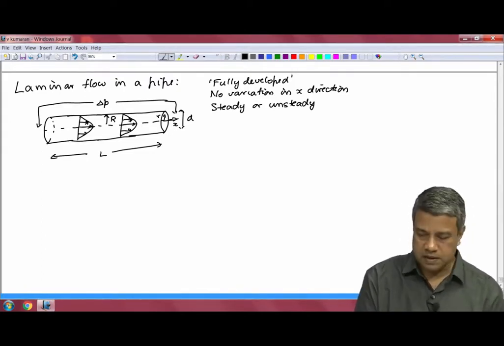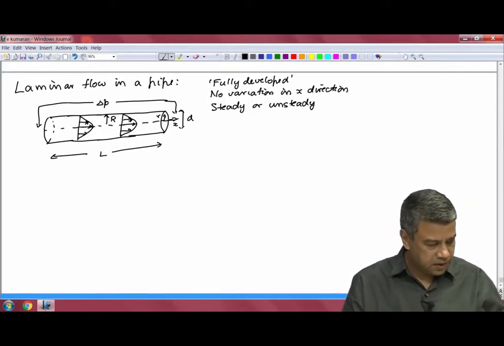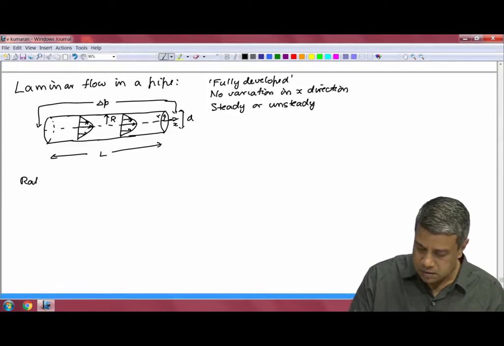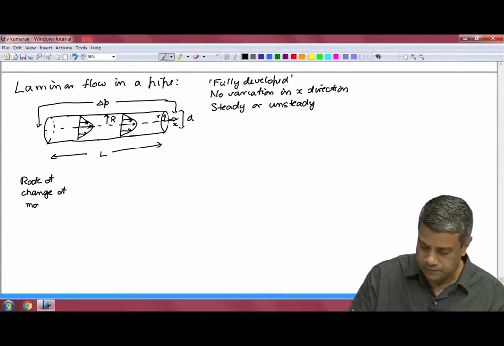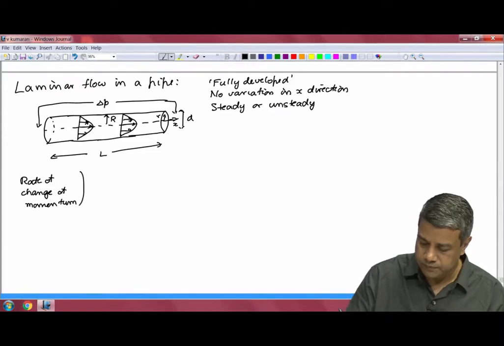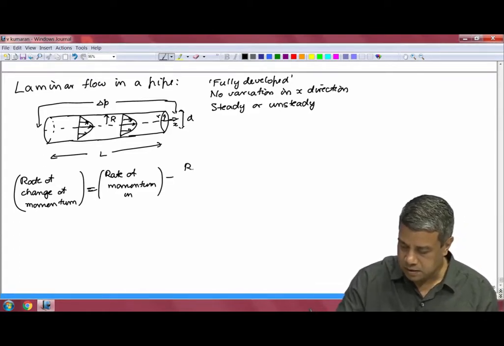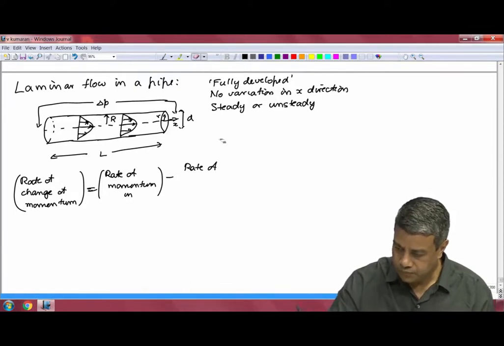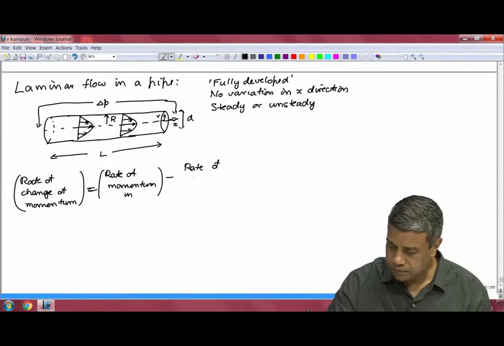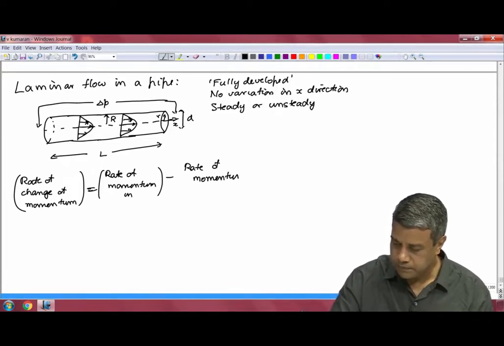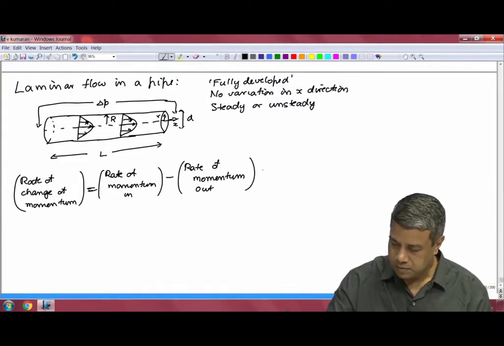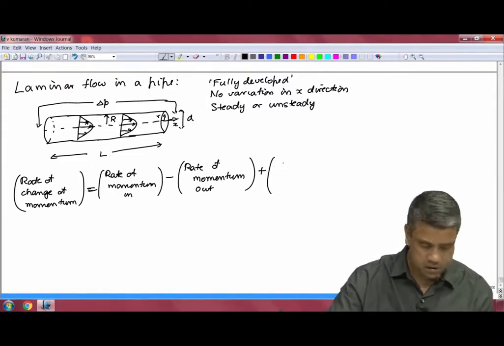The balance condition of course is that the rate of change of momentum is equal to rate of momentum in minus rate of momentum out plus sum of forces.